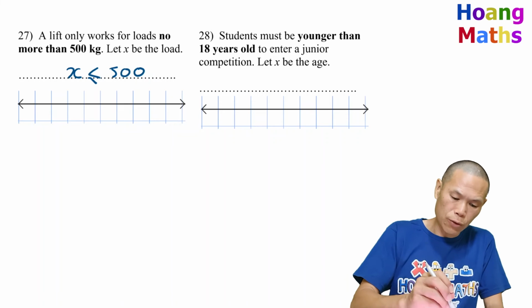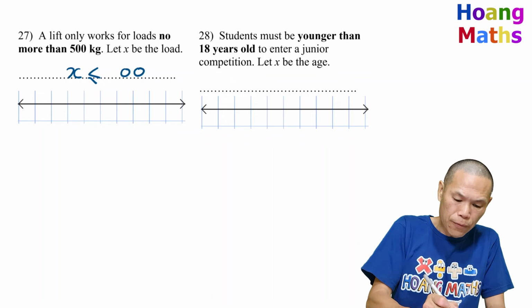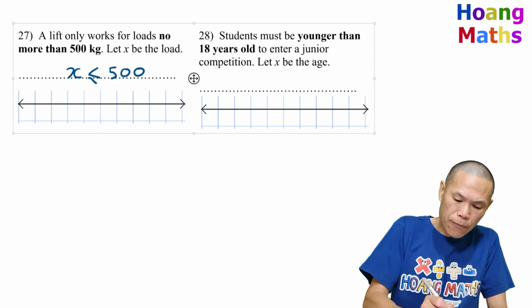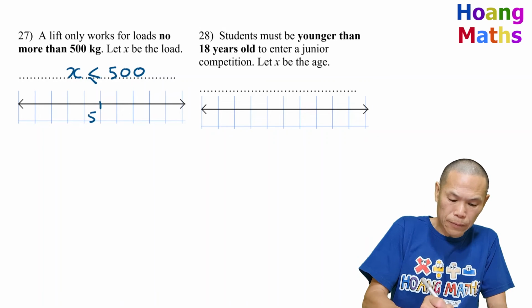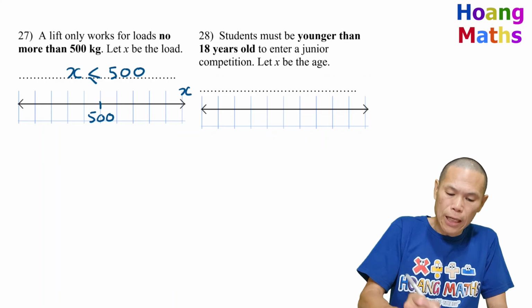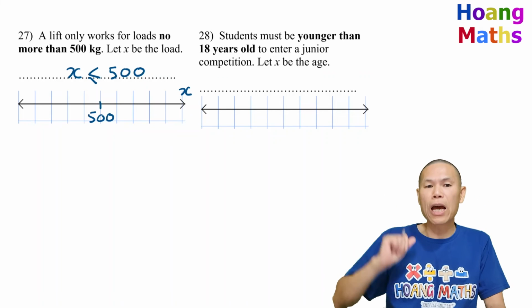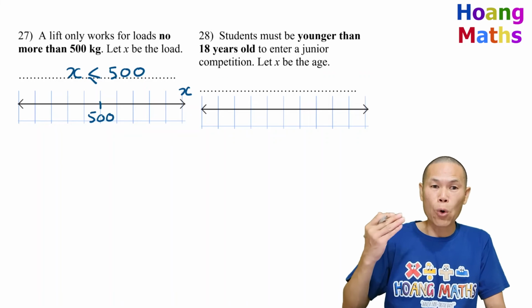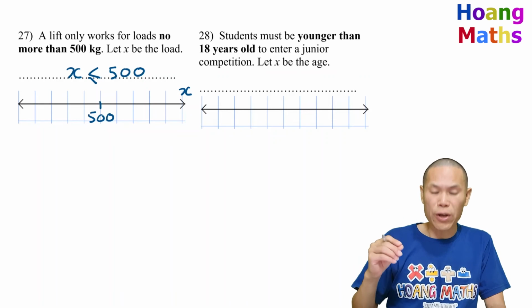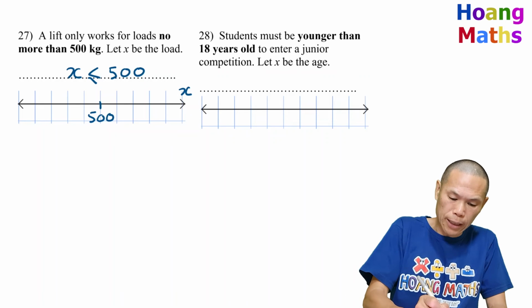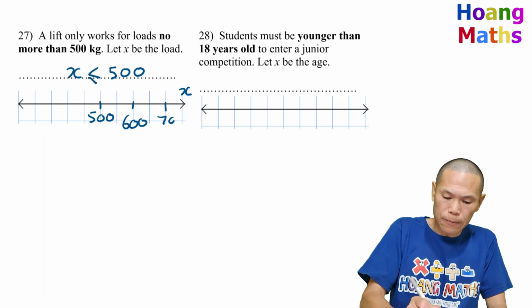Let me just rewrite this. There you go. This is 500, and this is X. Of course, it's easier if I just write 500, 600, 700, and so on. Of course, you can write 501 and 2 and so on, but it's easier if I write 600 here. Then 700.